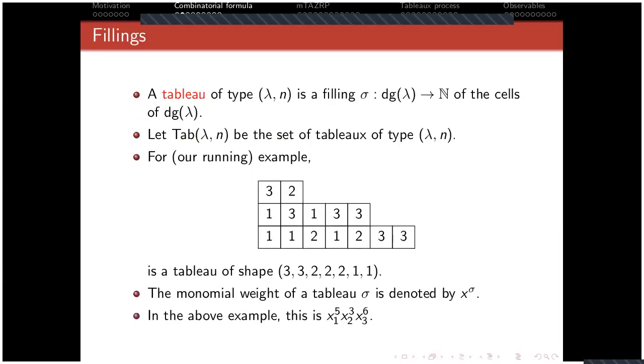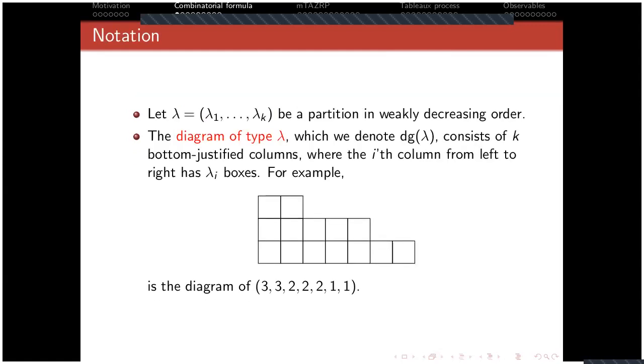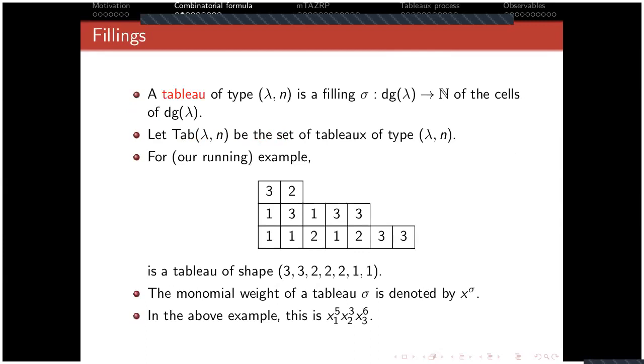It should be decreasing. Yes, right, it should. And a filling is just a tableau, or filling of the cells with arbitrary integers, no restriction. So there's no weakly or strictly decreasing requirement. You just fill them with arbitrary integers.